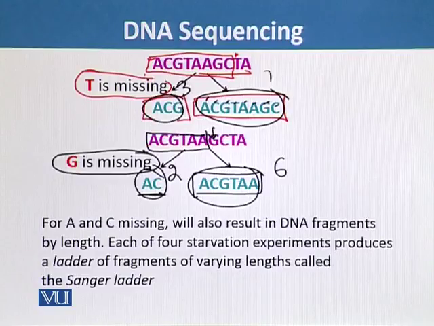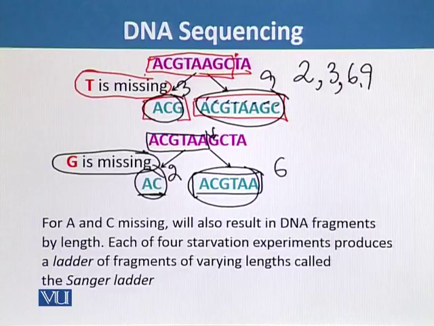So just by limiting 2 nucleotides, we have fragments of different sizes: 2, 3, 6 and 9. If we limit the other 2 nucleotides, adenine and cytosine, then again we will find other fragments.